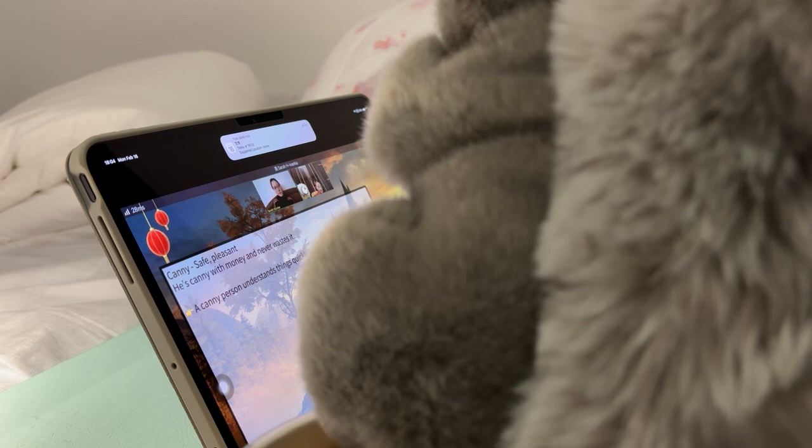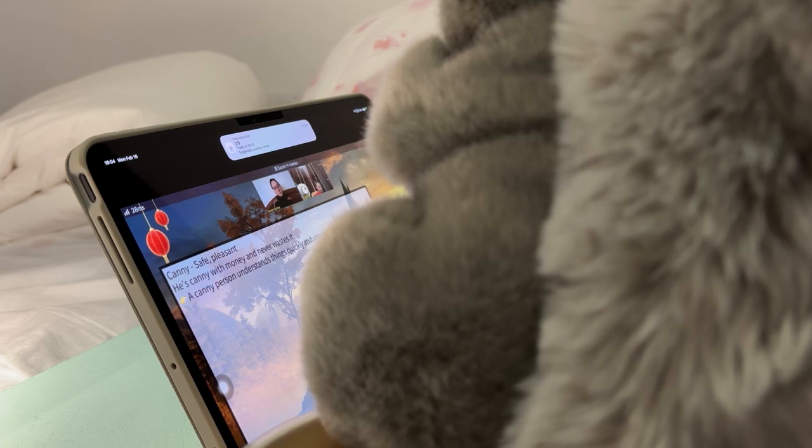Let's read this. A canny person understands things quickly and uses that knowledge wisely. And now let's read this. He's canny with his money and never wastes it.